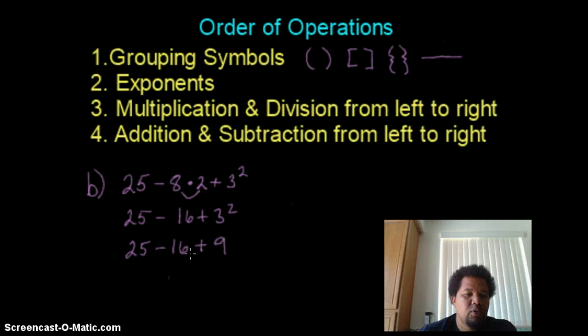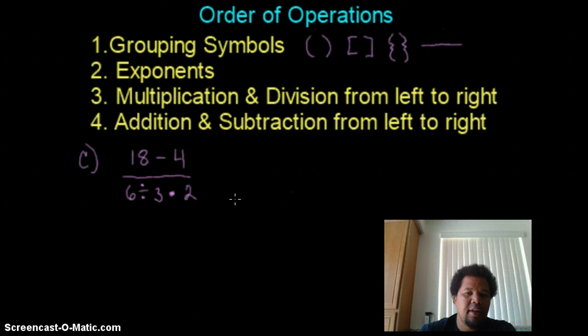Now we're left with subtraction and addition. Remember the fourth step: addition and subtraction from left to right. Since subtraction is first on the left, we do our subtraction first because addition and subtraction are on the same level. So 25 take away 16 gives us 9. And 9 plus 9 is 18.